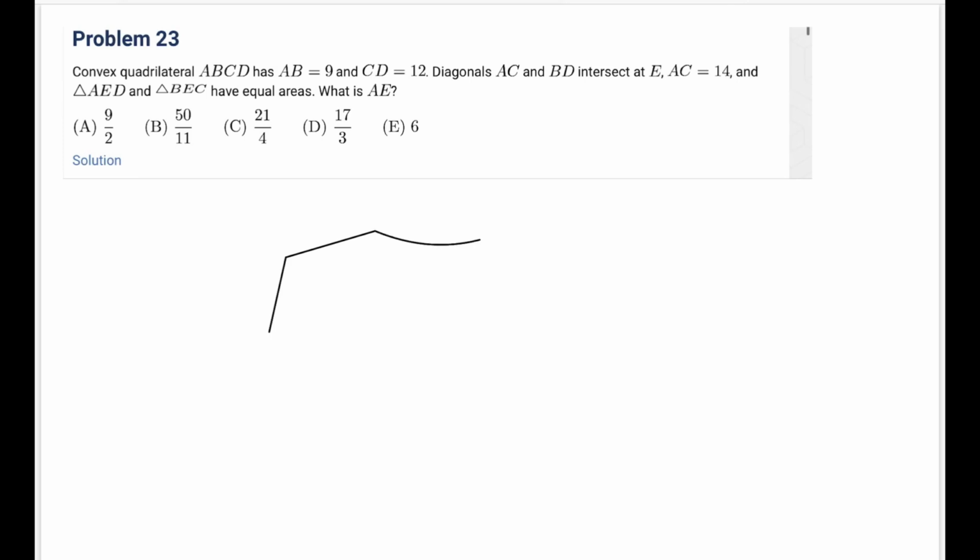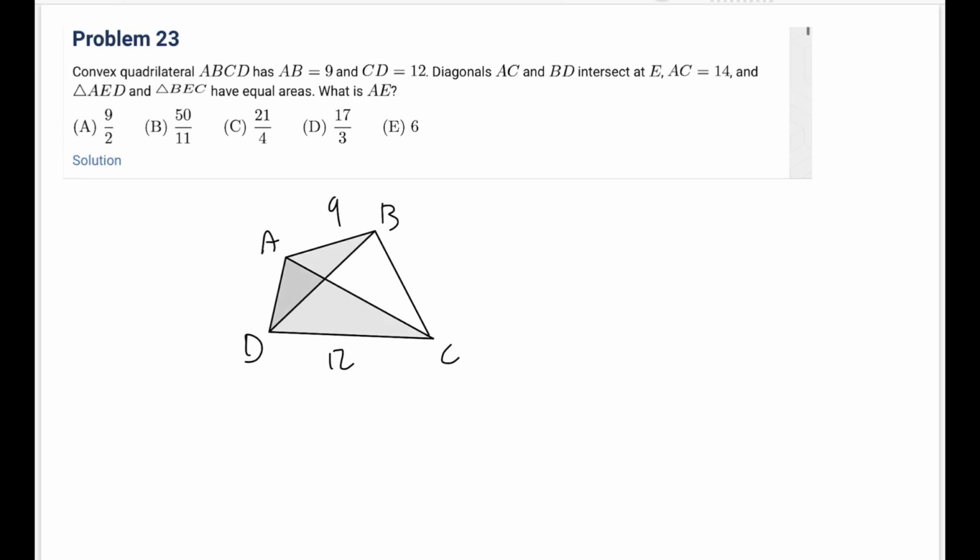If it's shaped like this, this is A, B, C, D, this is 9, this is 12, and then AC and BD are the diagonals. And then they intersect at E, right? AC equals 14, and AED and BEC have equal areas.